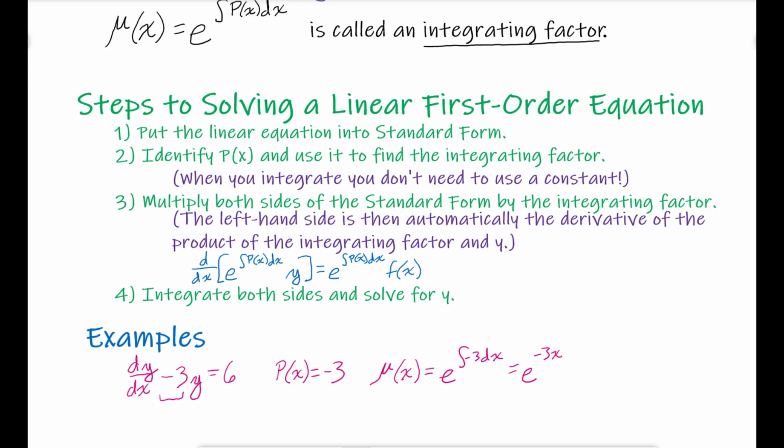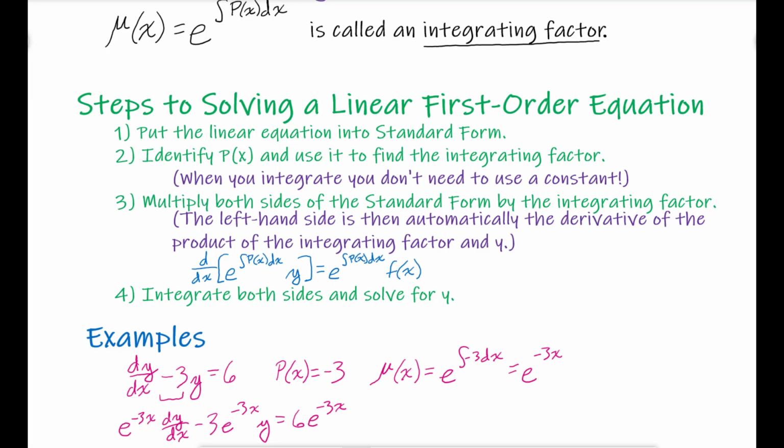So now we're going to move on to the multiply both sides of the standard form by the integrating factor. So we're going to have e to the -3x dy dx minus 3 e to the -3x y equals 6e to the negative 3x.